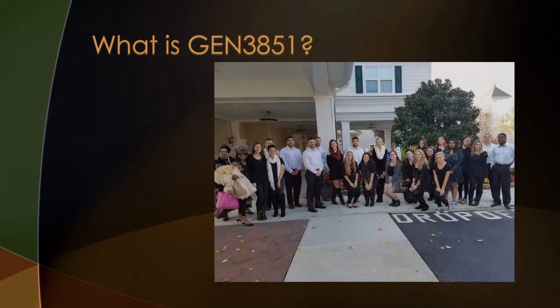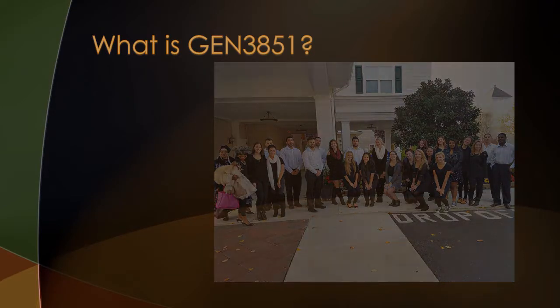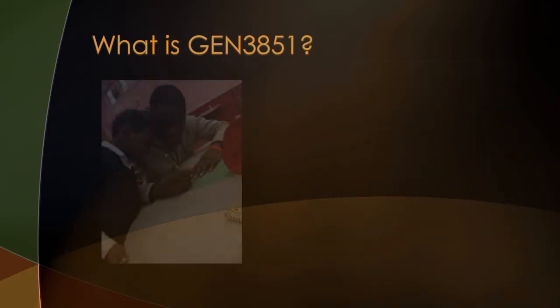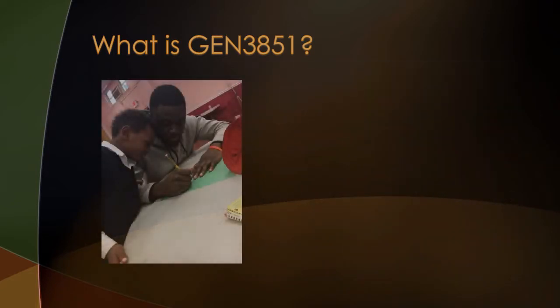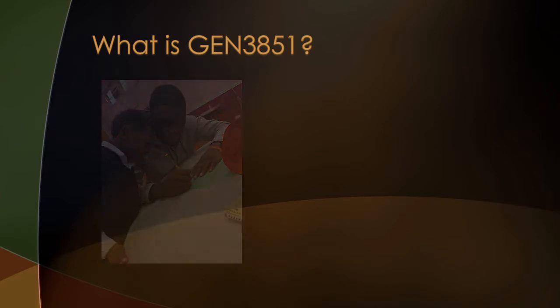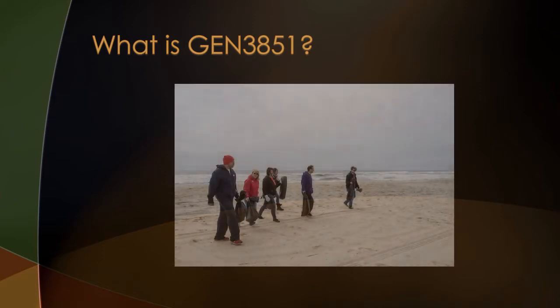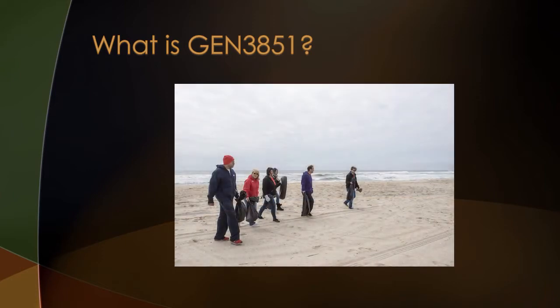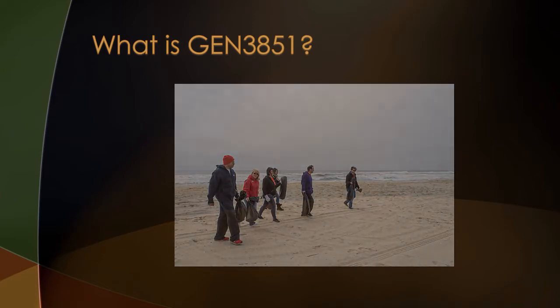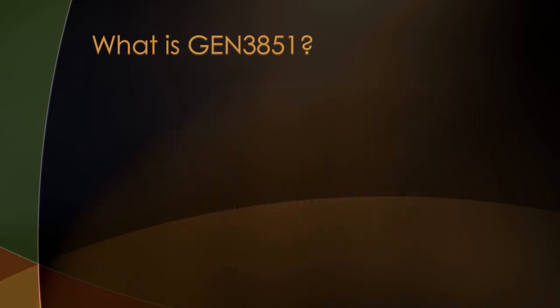This is the way that the Office of Service Learning communicates with you and how you will turn in the work related to the service learning course. Gen 3851, the service learning course, is a supplemental 0-credit course. That means you don't have to pay anything additional for the course, but it does reflect the additional work that you will complete. It's a pass/fail course.